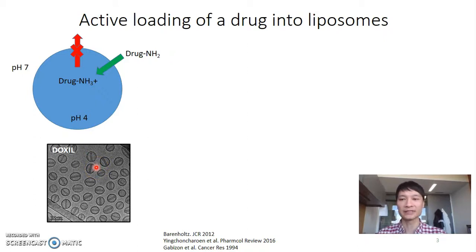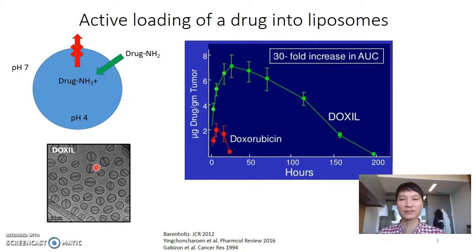So again, with this type of loading technology, the loading efficiency is much improved, with also stronger association between the drug molecules and the lipid nanoparticles. This is a proof of the strong association of the particles and the drug, leading to improved pharmacokinetics and tumor delivery.